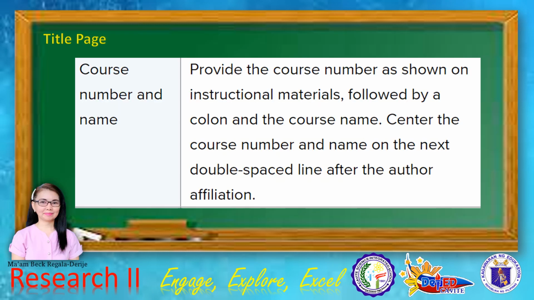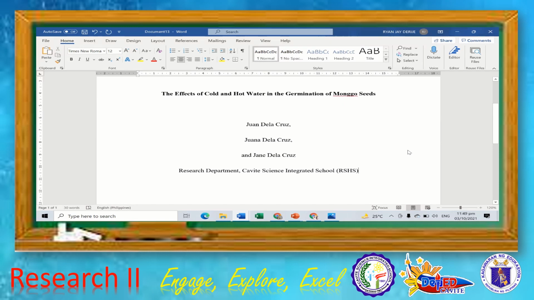Now we have the course number and name. Provide the course number as shown on the instructional materials, followed by a colon and the course name. Center the course name on the text double space line after the author affiliation. So we have here, after the affiliation, another double space line.